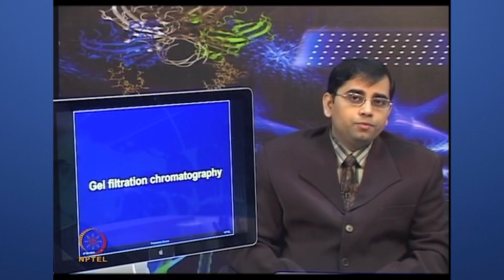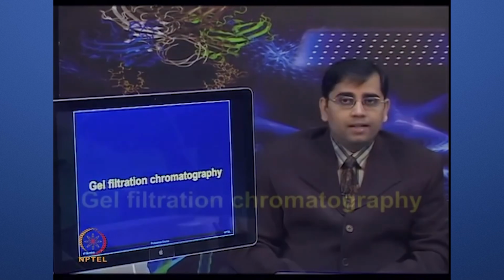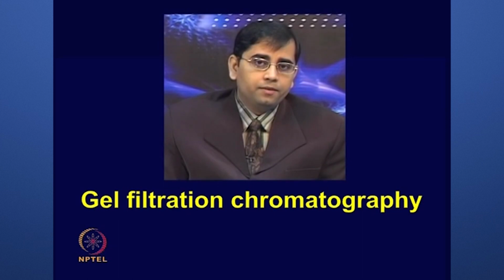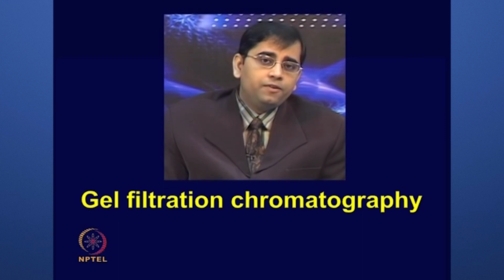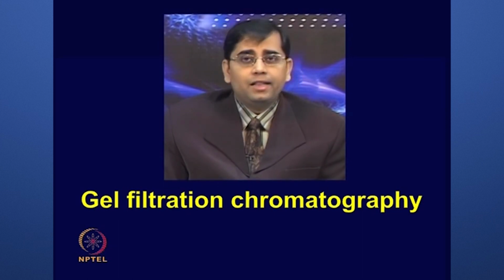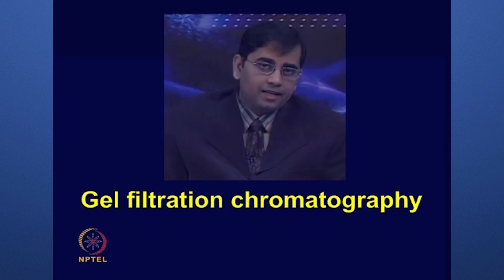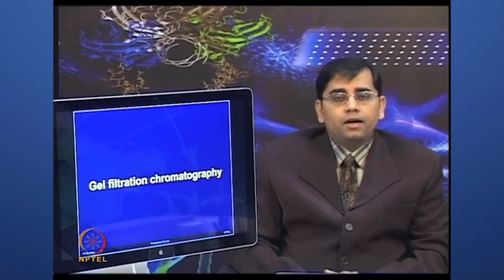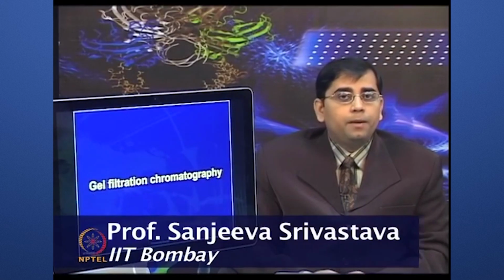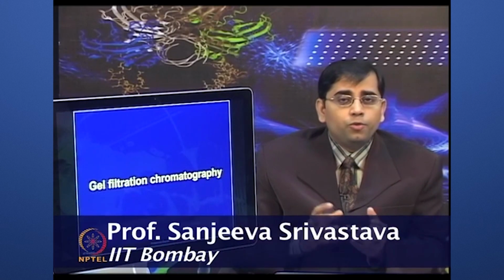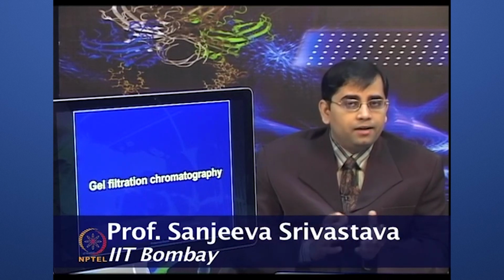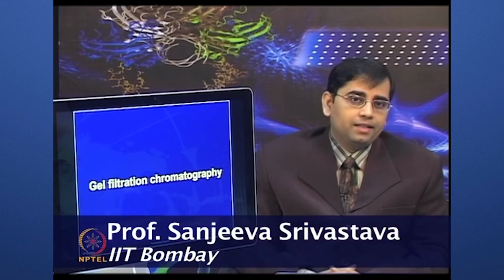So, let us move on to more specific chromatography techniques such as gel filtration chromatography. Gel filtration chromatography separates proteins on the basis of difference in size. It is used to separate a protein of interest from protein mixtures that are larger or smaller in size.